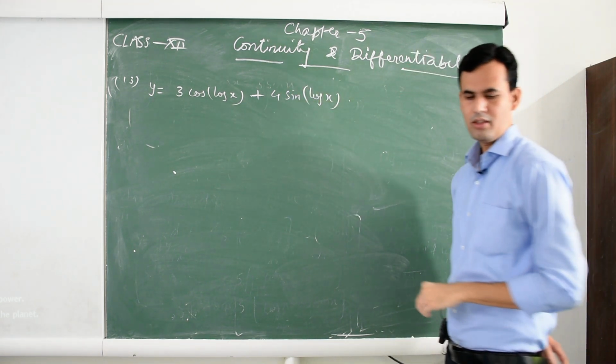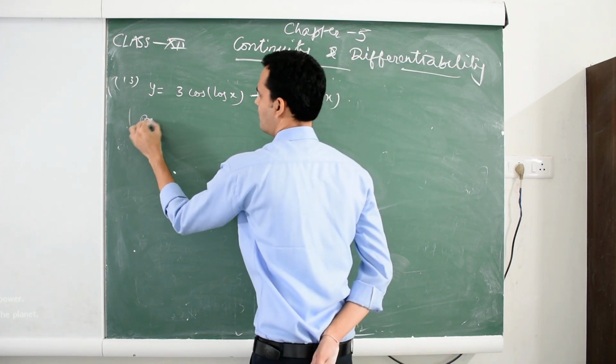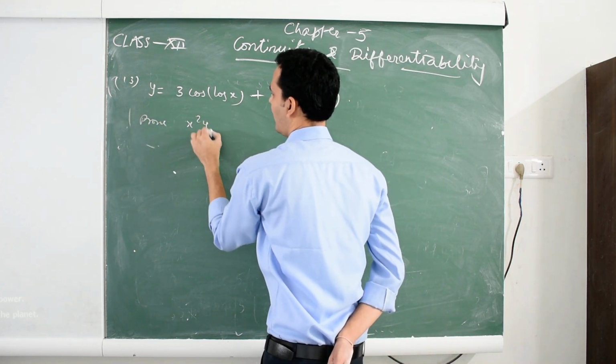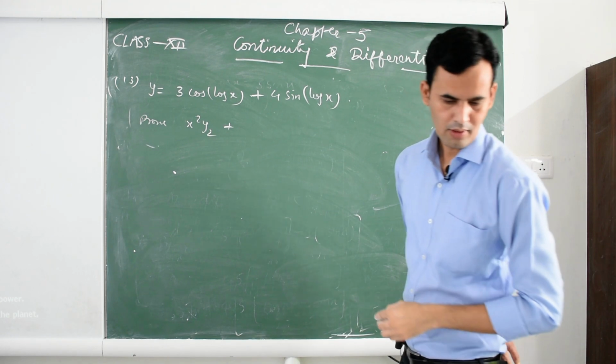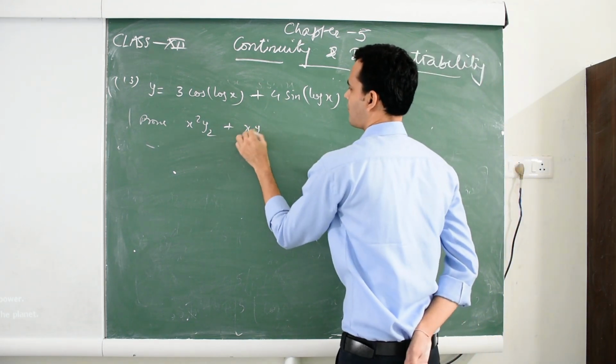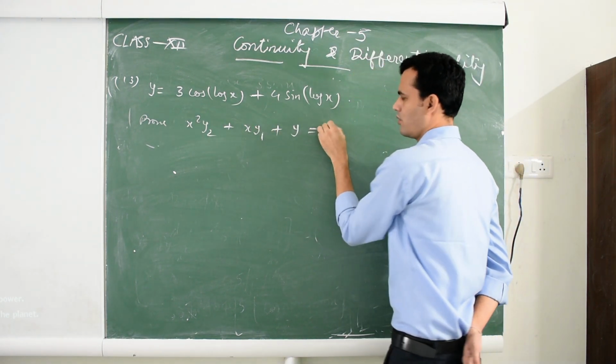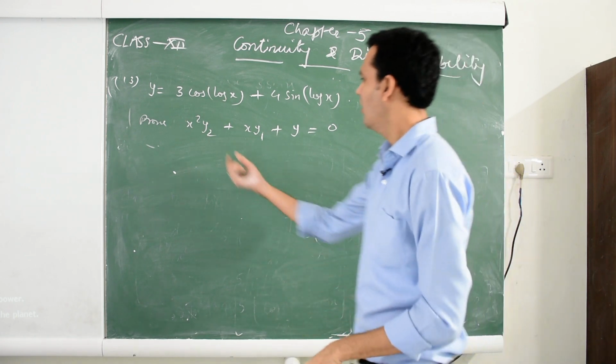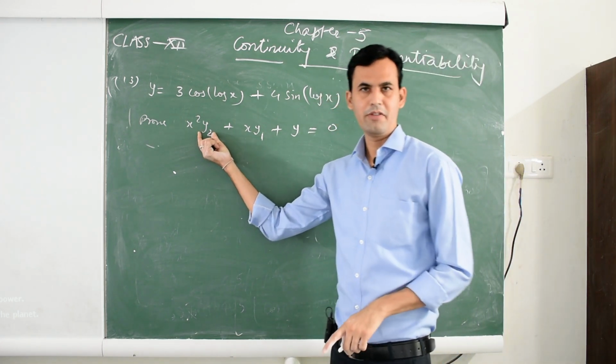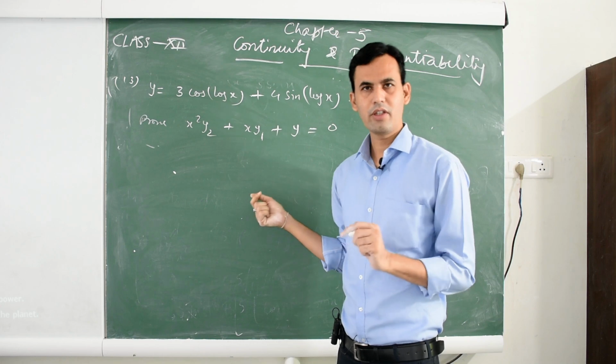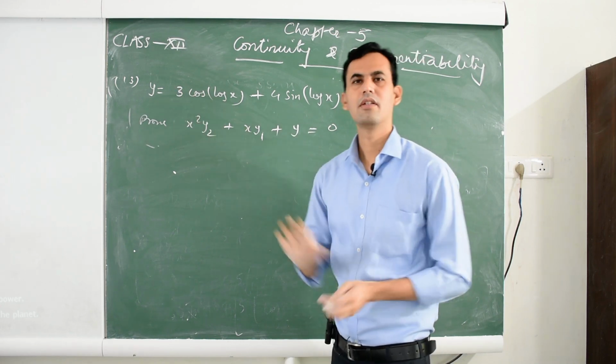Okay, this is the question, and we have to prove x square y2 plus x y1 plus y equals 0. Here y2 means second order derivative, y1 means first order derivative, and y is given.